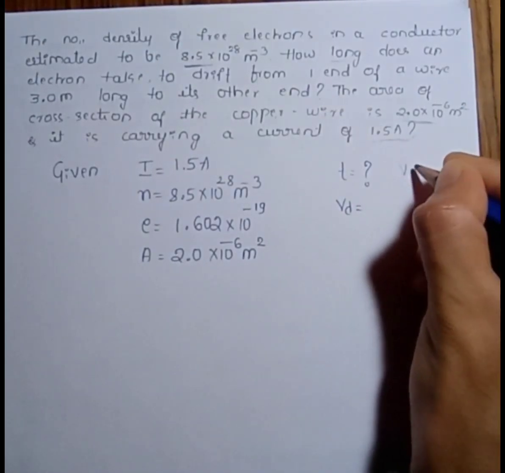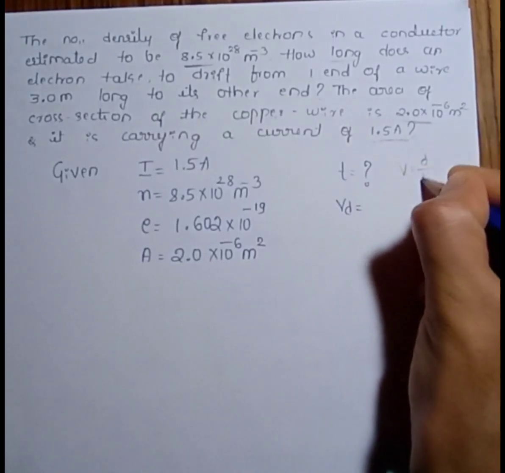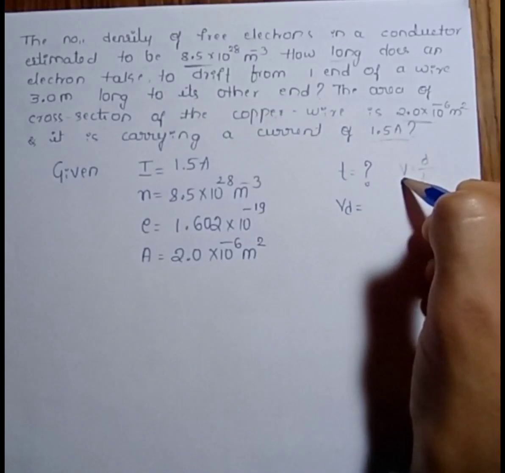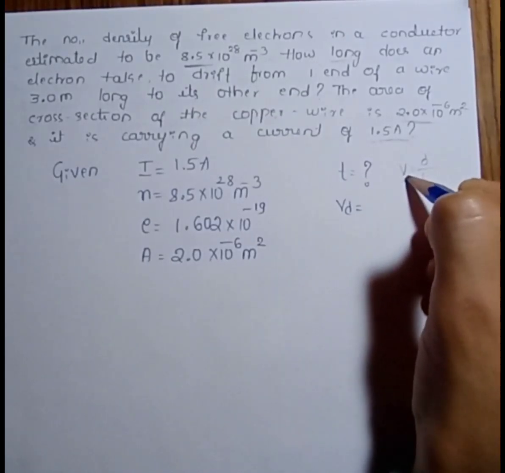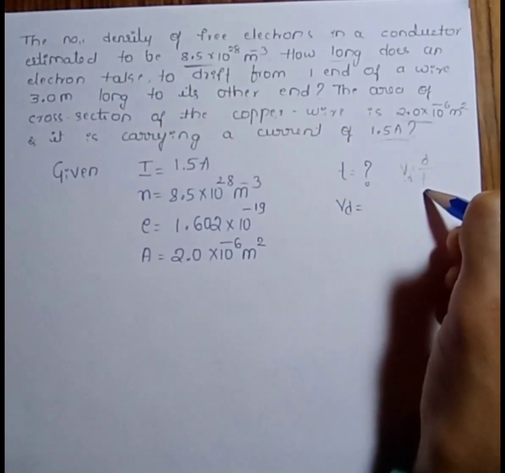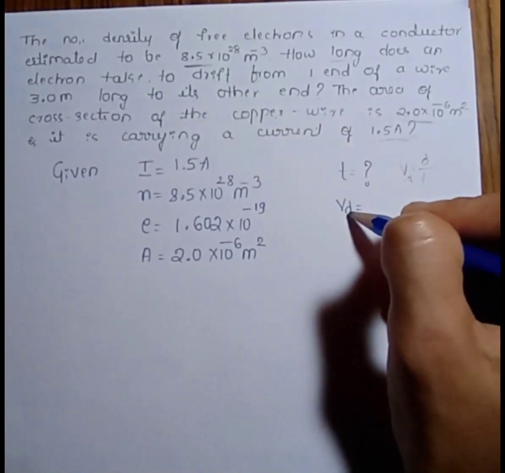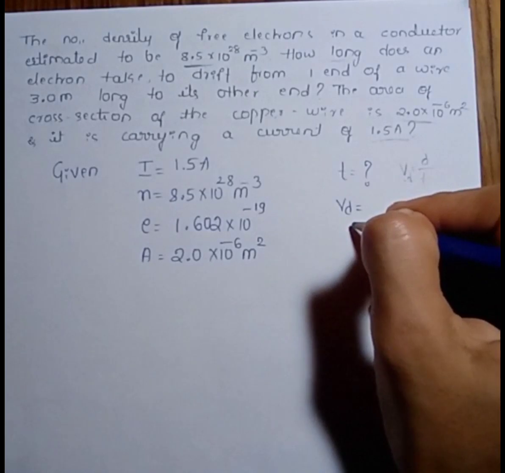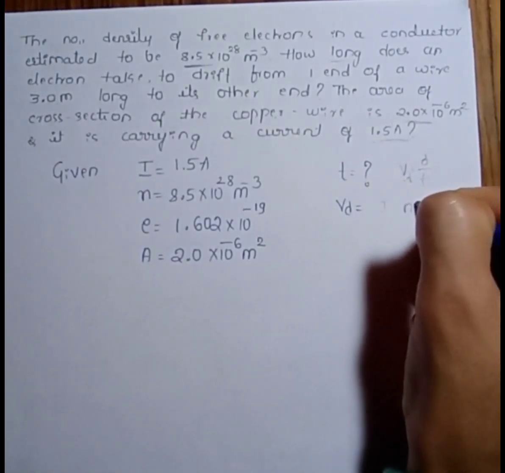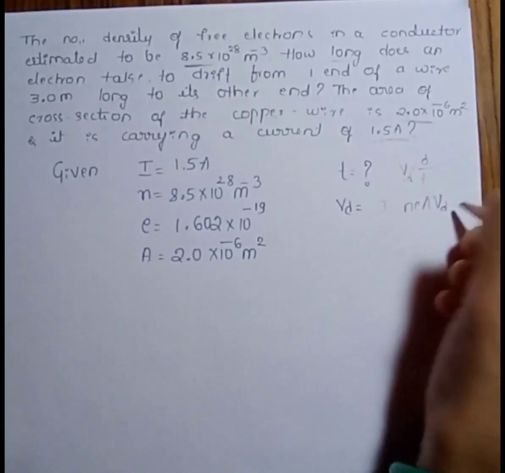We know velocity is equal to distance divided by time. Here we have to take velocity in terms of drift velocity. First of all, before finding the value of t, we have to know the value of Vd. Then how will we find Vd? By the current expression I is equal to nevdA.